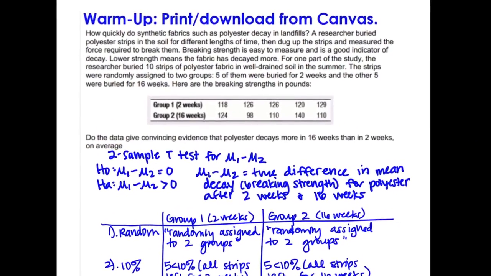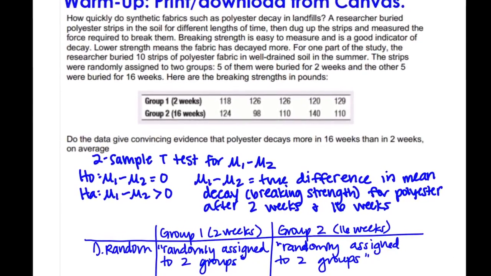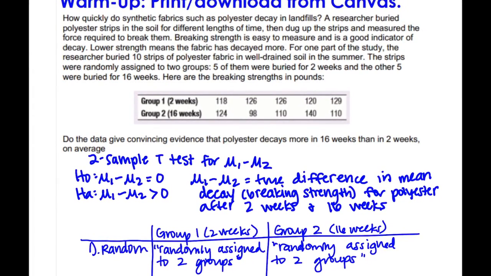All right. Couple of things about this that I want to go over specifically. Remember, one is that when it says do the data give evidence, that means test. And then second, we have two groups, group 1 and group 2, which is what makes it 2-sample.